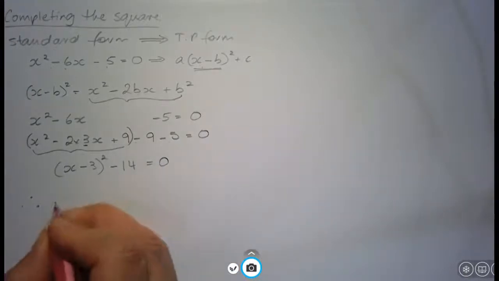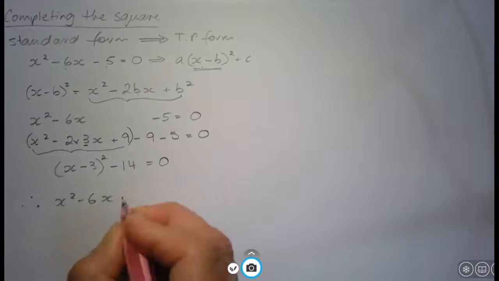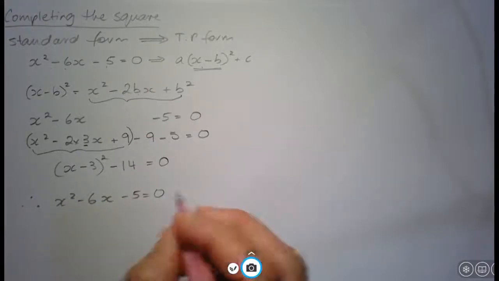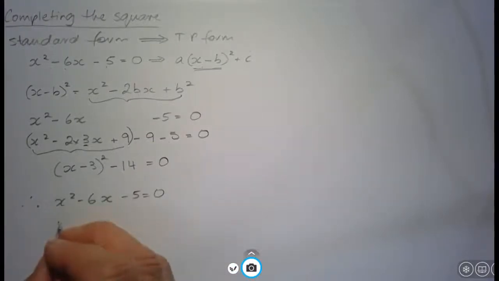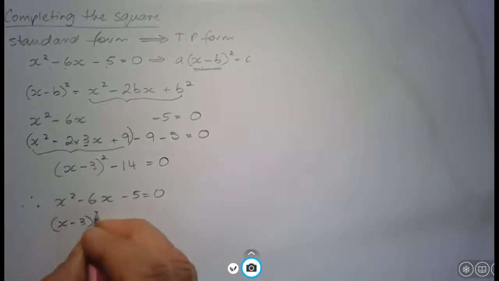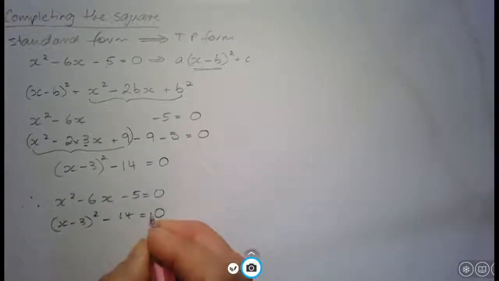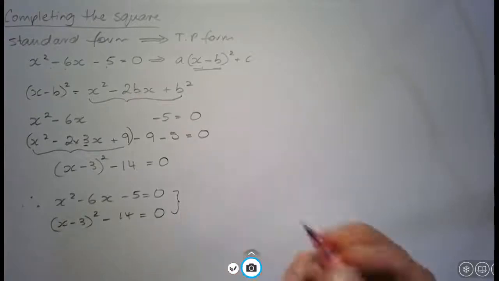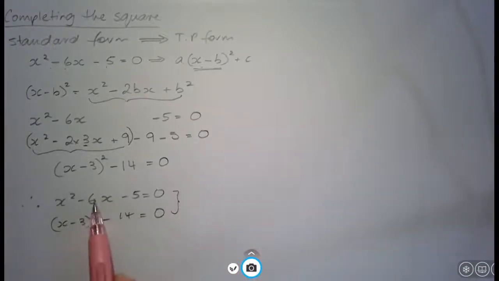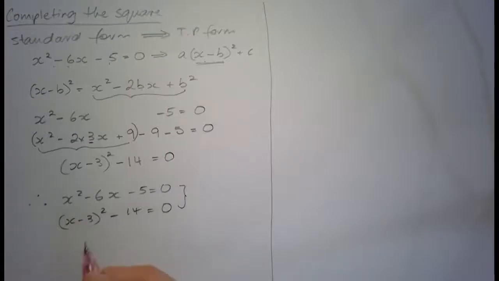So therefore, my x squared minus 6x minus 5 equals 0 is the same as (x - 3) squared minus 14 equals 0. So that allows me to have a standard form quadratic and a turning point form quadratic. This now gives me the turning point of my quadratic as being (3, -14).